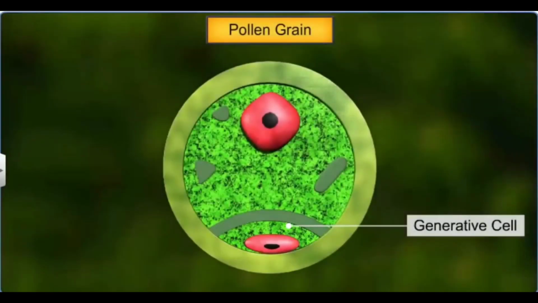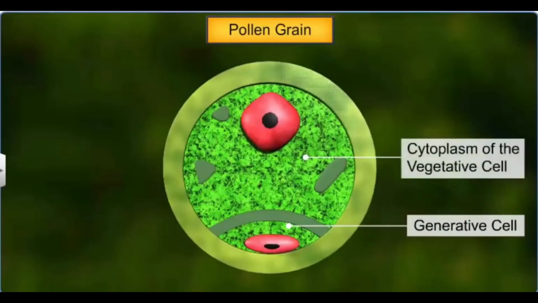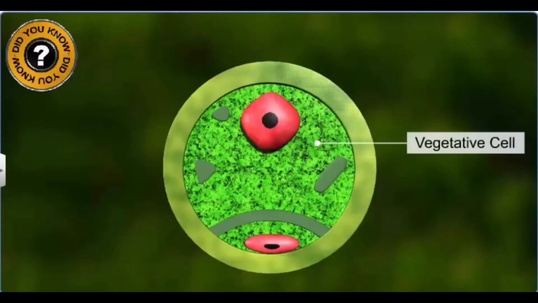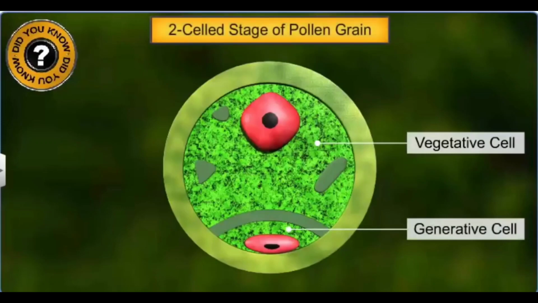Moreover, the generative cell floats in the cytoplasm of the vegetative cell. Did you know that the vegetative cell and generative cell represent the two-celled stage of the pollen grain?